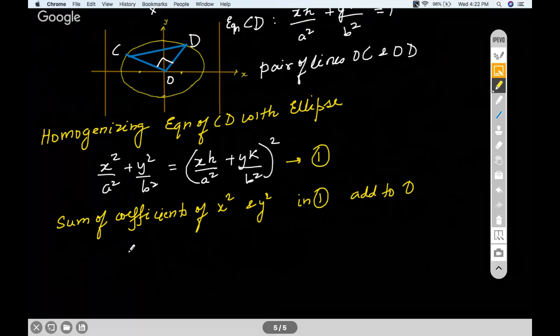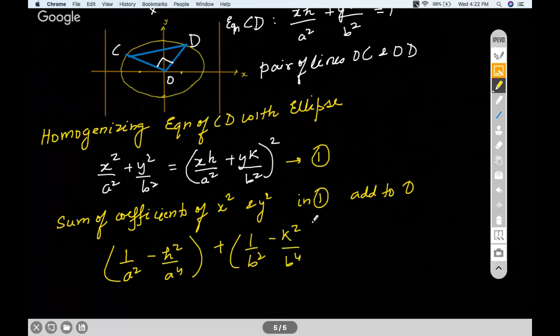So what is the coefficient of x²? It will be this. What is the coefficient of y²? It will be this. And if this adds to 0, that would be the condition for the two lines represented by OC and OD to be at 90 degrees to each other.